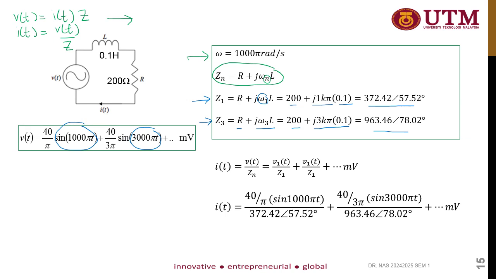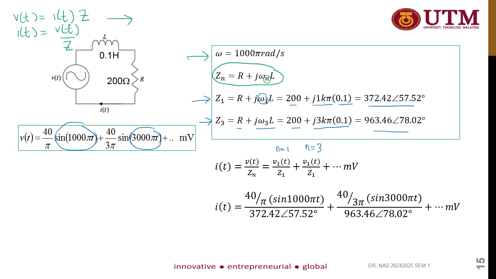So then you can solve for It. So It equal to V divided by Z. So in this case you have third harmonics. So this is the first harmonic n equal to 1, and you have the third harmonics n equal to 3. So V1 divided by Z1 and plus V3 divided by Z3.